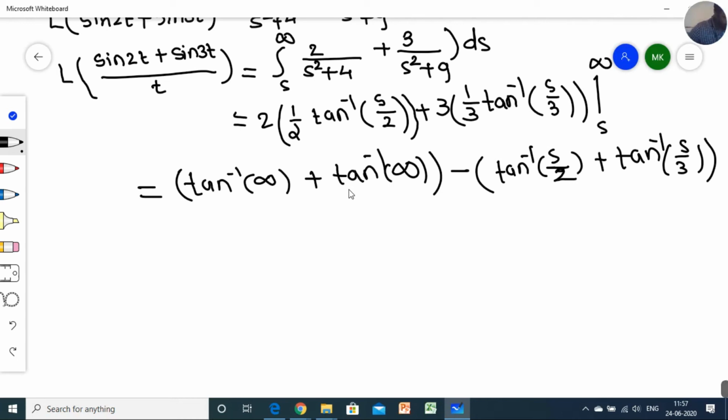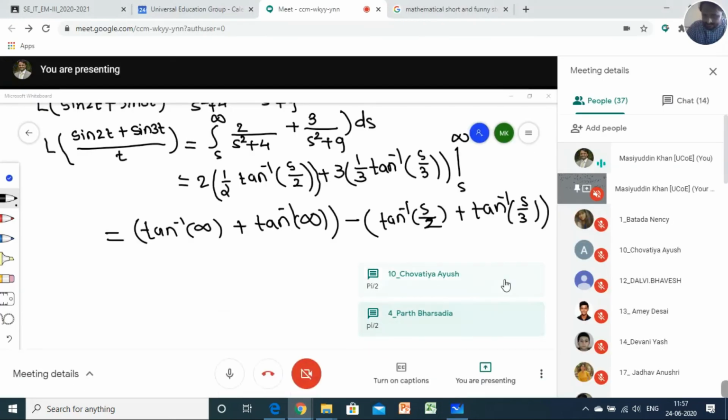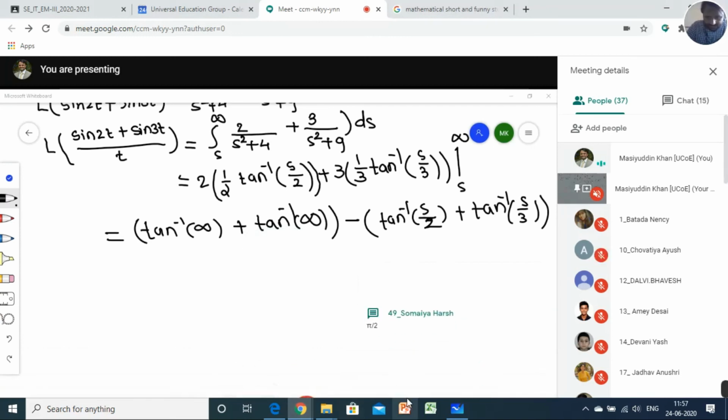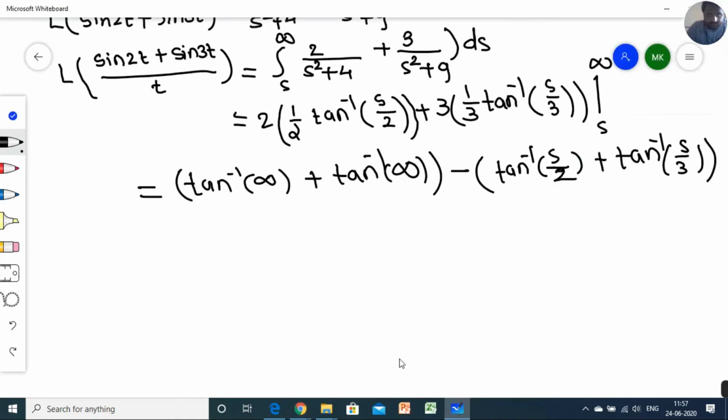What is the value of tan inverse of infinity? Am I audible or not? Because I'm not getting any response. Pi by 2. Okay, so you are replying here. Sometimes because I'm not seeing this page, please try to understand. I'm just open with a Microsoft whiteboard, so that's why I did not see your messages.